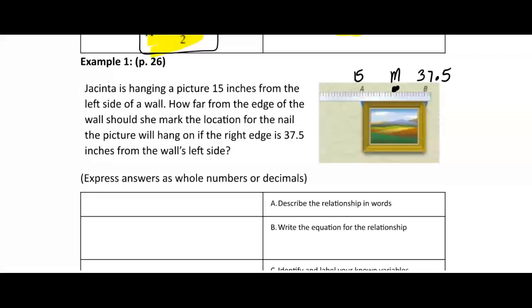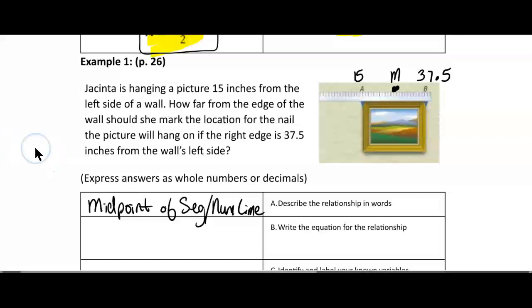Okay, so I'm just dealing with one set of coordinates, one axis, in this case my x-axis. My relationship in words, because I'm dealing with just a straight line, 3 collinear points, this is midpoint of a segment, or midpoint on a number line. Okay, so you could say midpoint of a segment or midpoint of a number line.